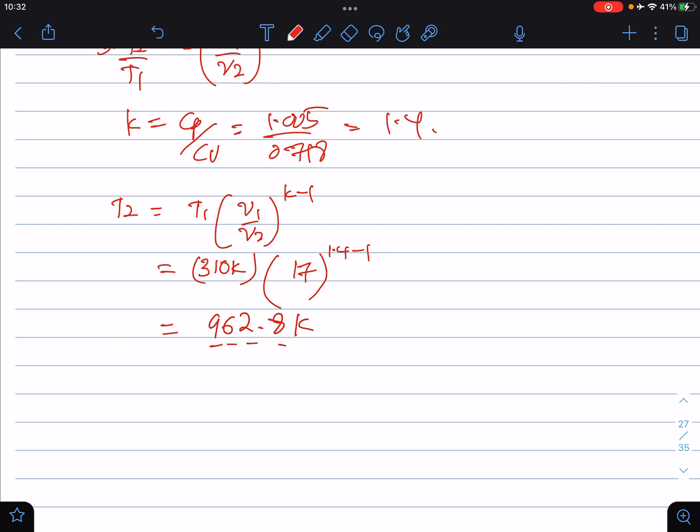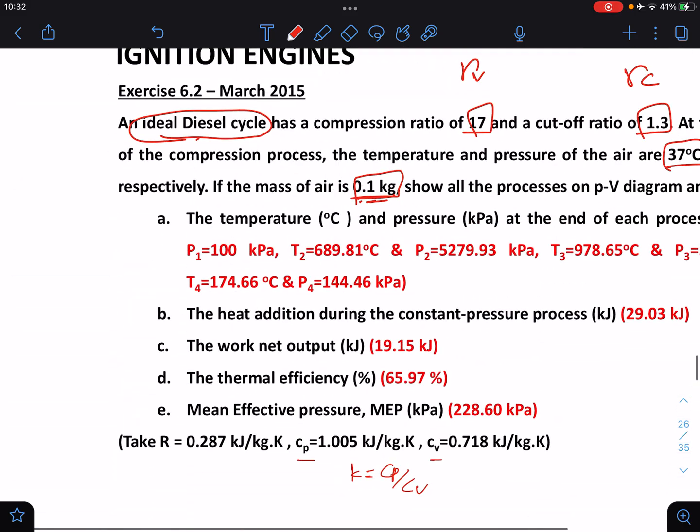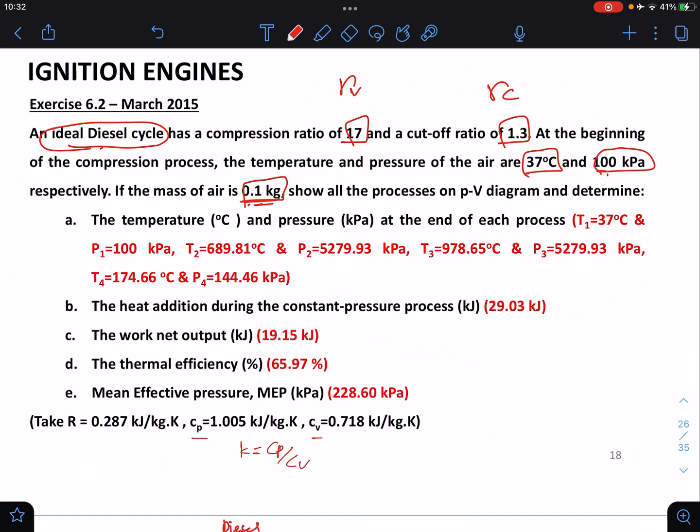962.8 Kelvin is enough. Now we are moving to state 3, or you can also refer to the question if it asks for the pressure. Question A asks for temperature and also pressure.